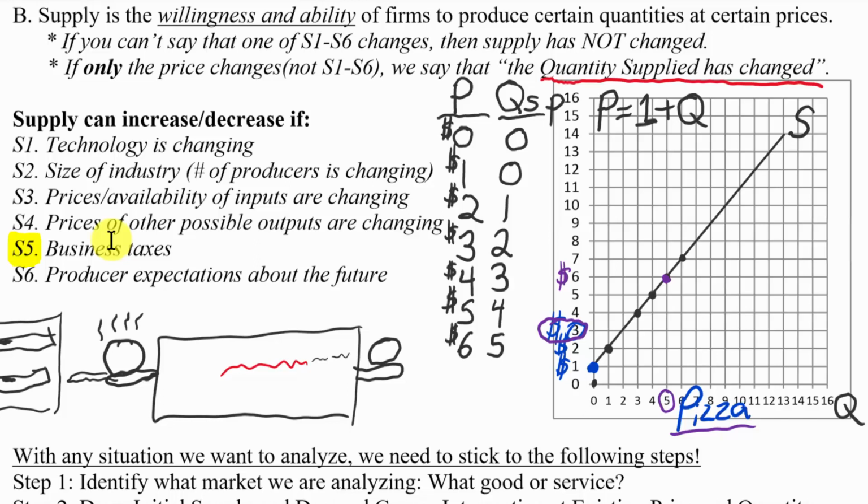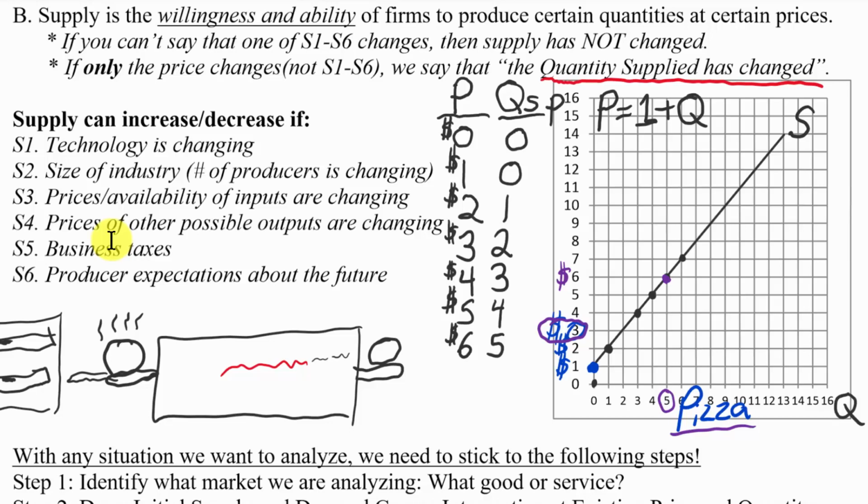So if you increase taxes, that could decrease supply. If you decrease taxes and make businesses more willing and able to produce, that could increase the supply. Businesses are more willing to supply more at each price because you're saving them money when you charge them less in taxes. And the last item, S6, producer expectations about the future.